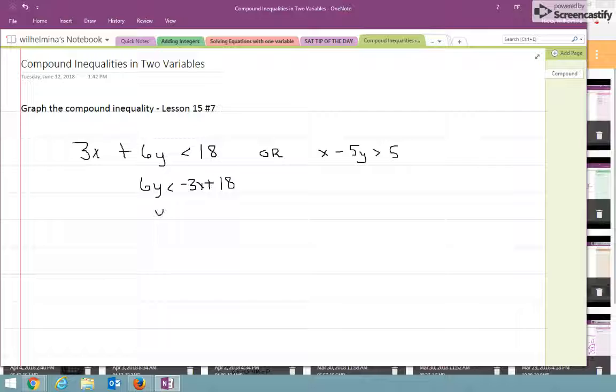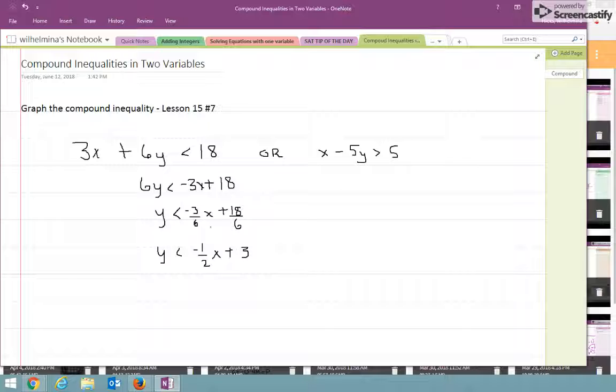And now I just want y. So I'm going to divide all the terms by 6. So to put everything in simplest form, we'll have y less than negative 1/2 x plus 3.